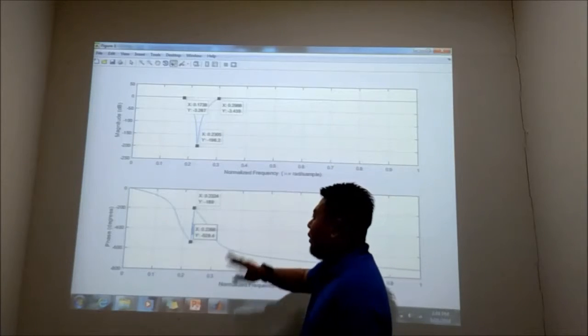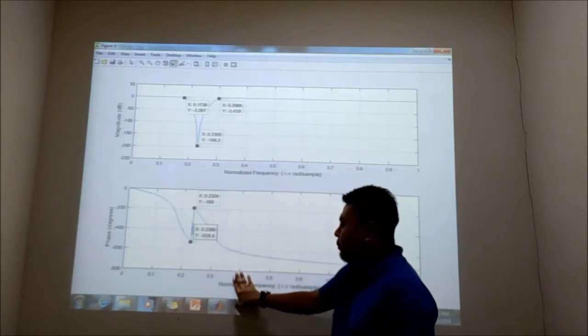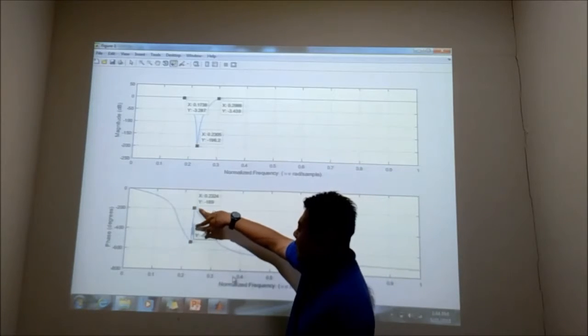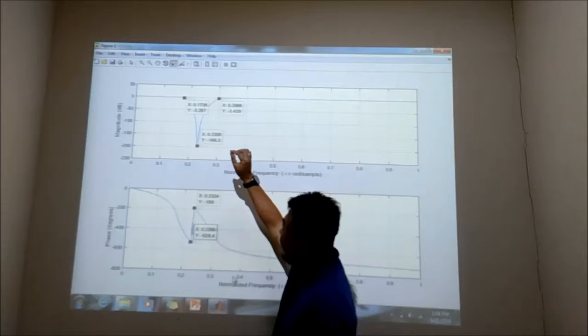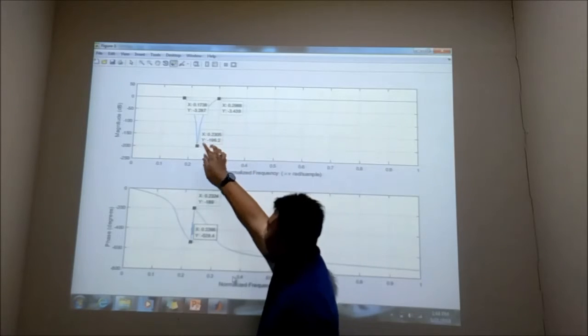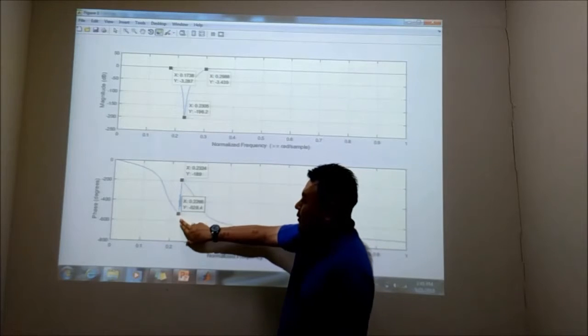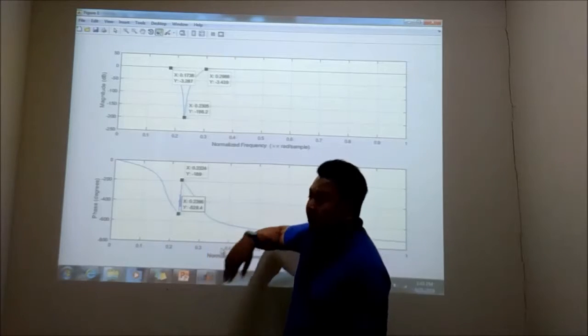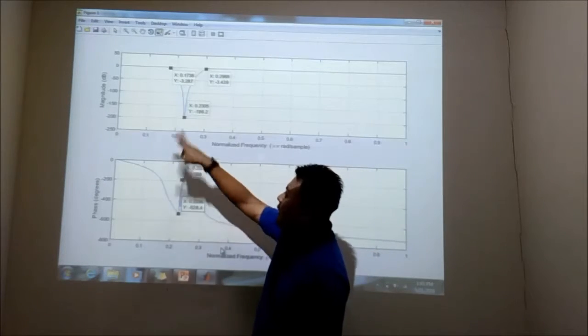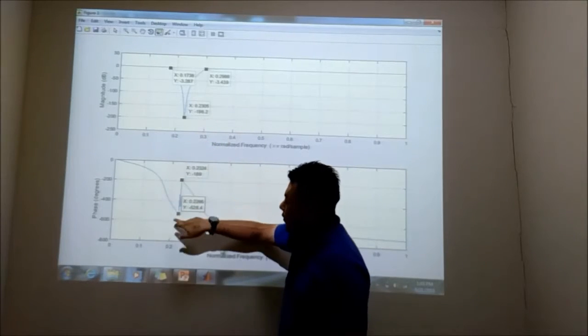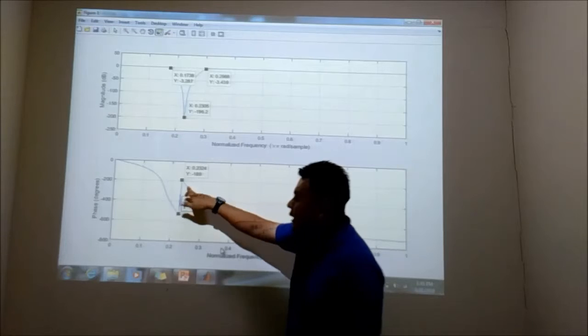-196.2. And for the result in phase, we can see that the phase responds to the magnitude result. From this magnitude we get the phase at the highest and the lowest.